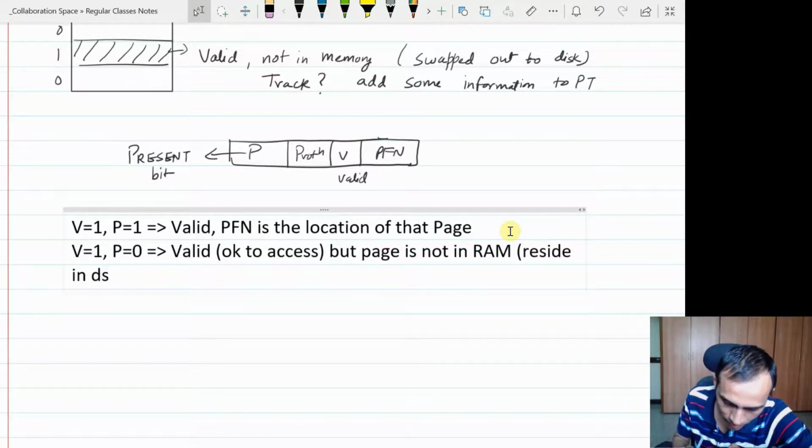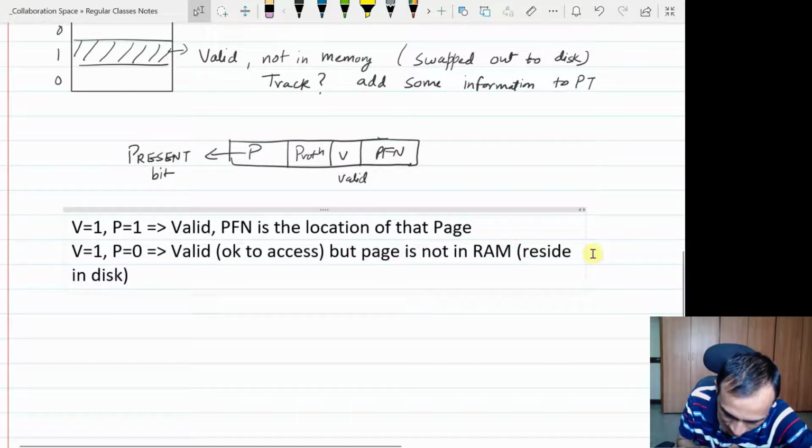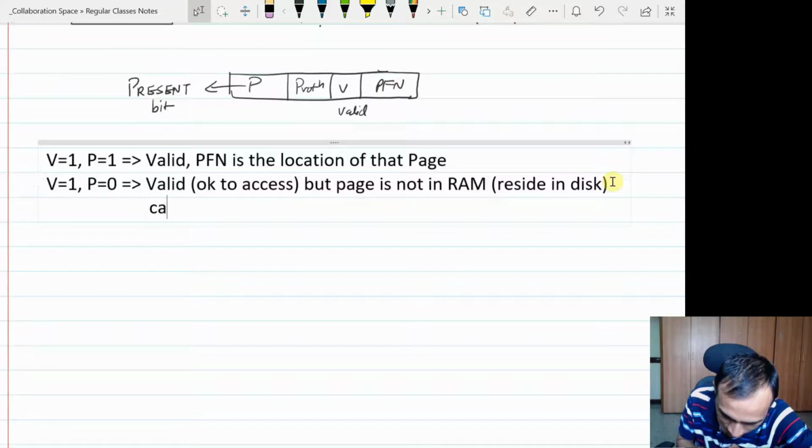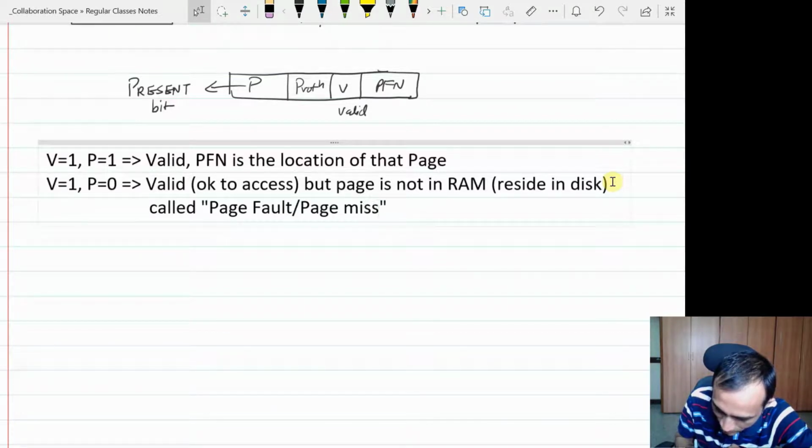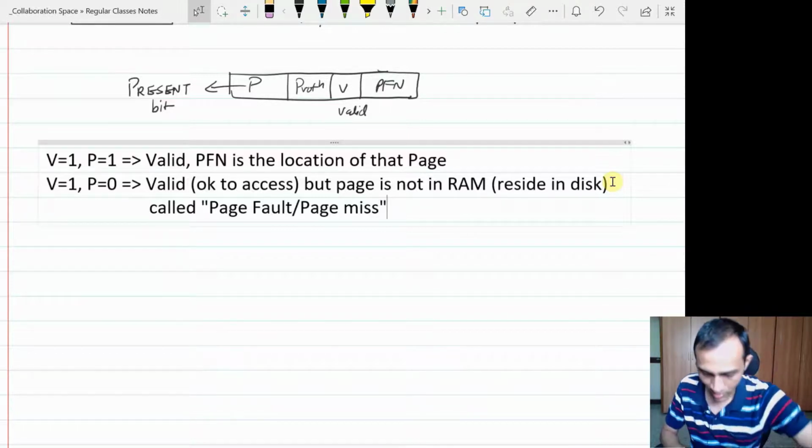So when this happens, the common term is page fault, although the better term should be page miss, just like we have a TLB hit and TLB miss. But the book uses the term page fault, although it's not so exact.